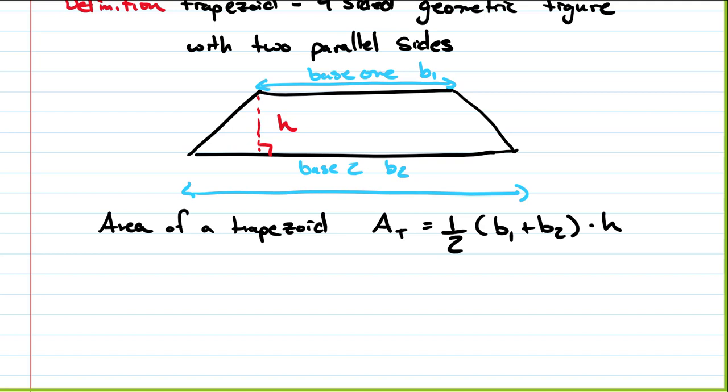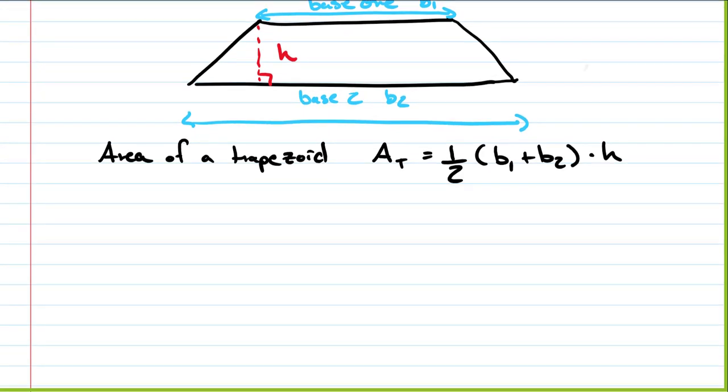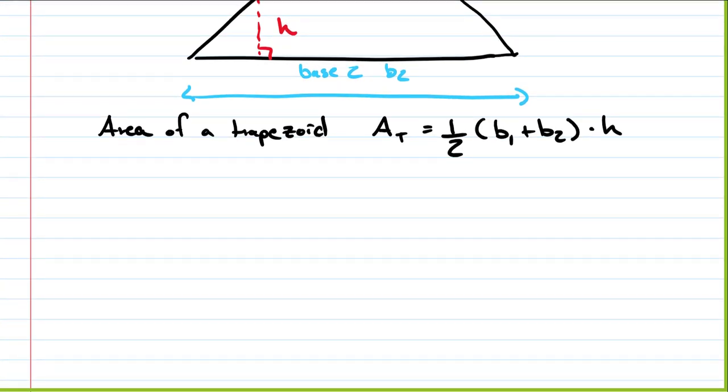Or in other words, if you average the lengths of both the bases and then multiply by the perpendicular distance in between them, you end up with the area of said object. You can figure that out in a few different ways, but we're going to just assume it's true for now.